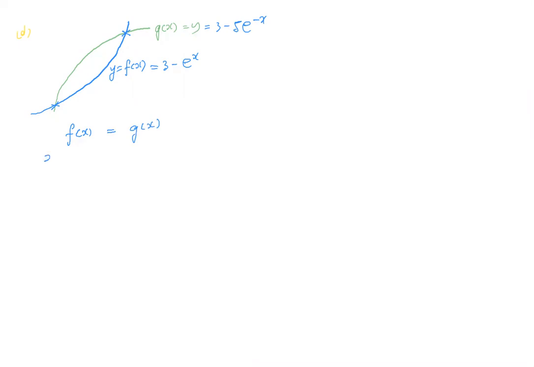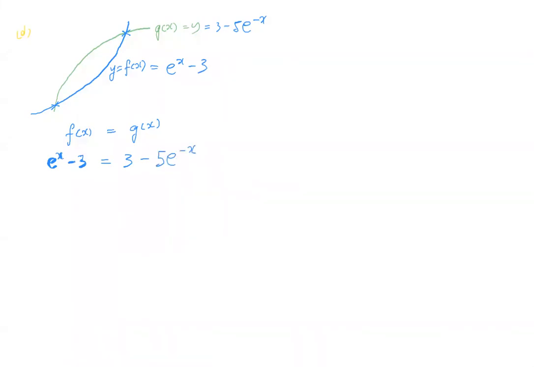So I put 3 minus e to the power x is equal to 3 minus... Is my f(x) equation wrong? My f(x) is supposed to be e to the power x minus 3. So 3 minus 5e to the power negative x.